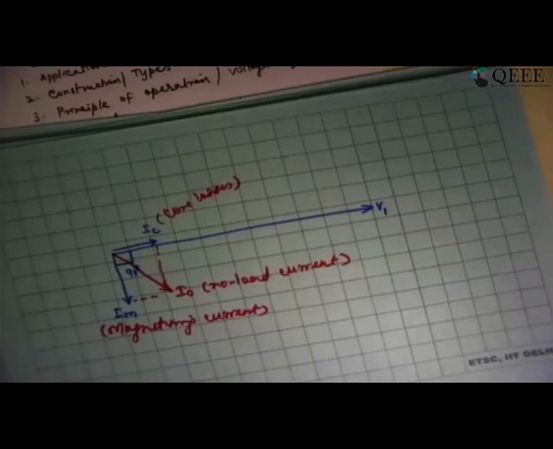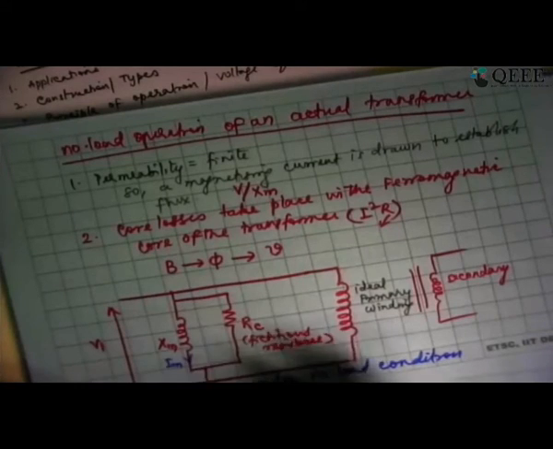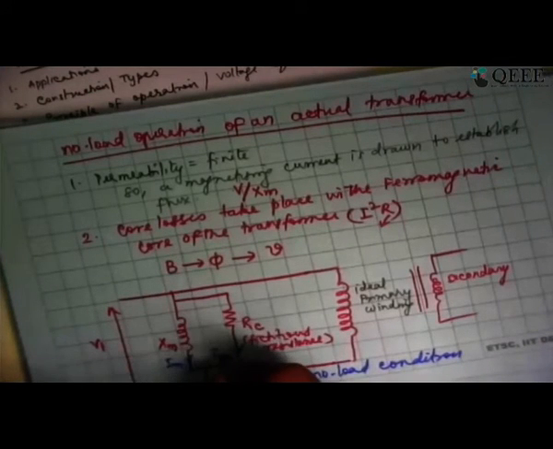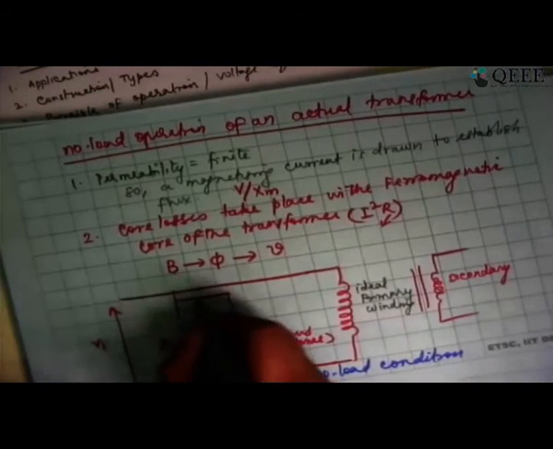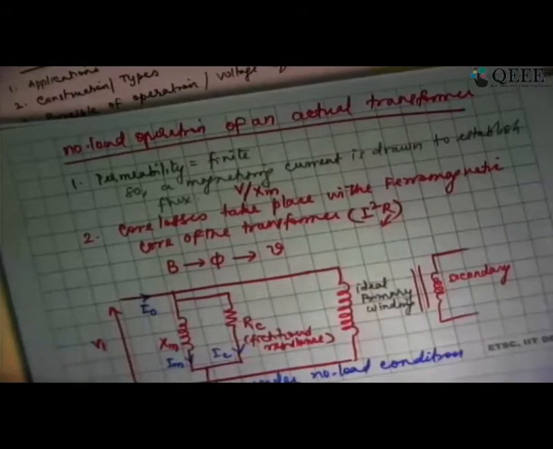So if I show that on the equivalent circuit we drew just some time ago, this is my Im, this is my IC, and the summation of those two is I0, which is the no load current.